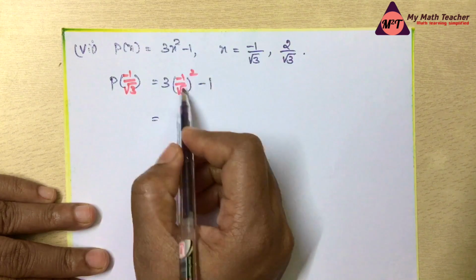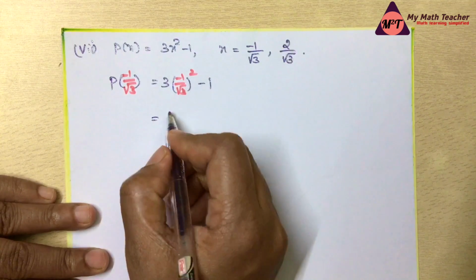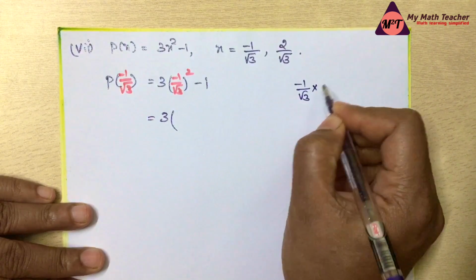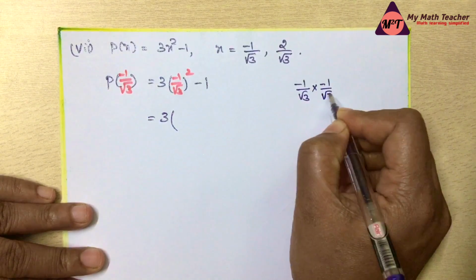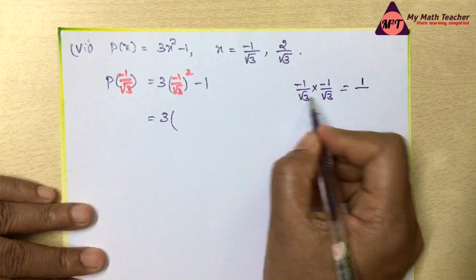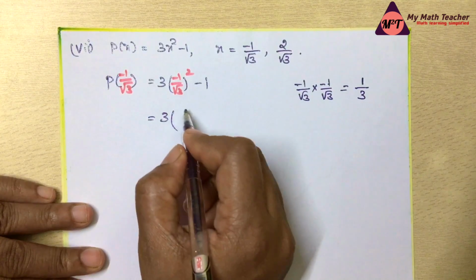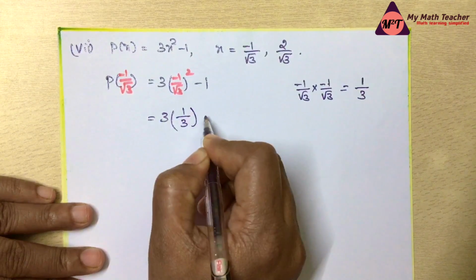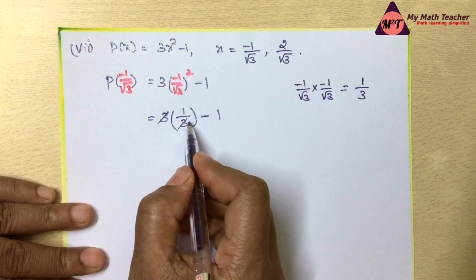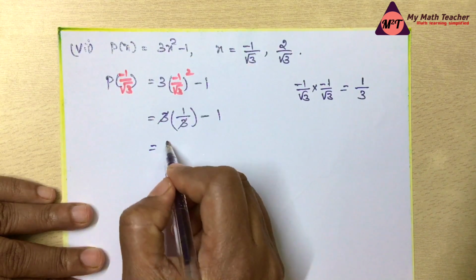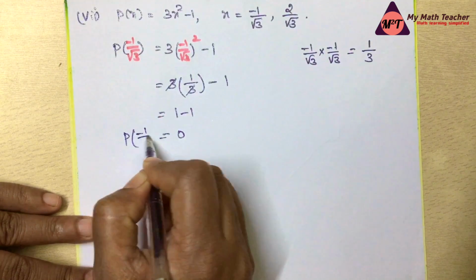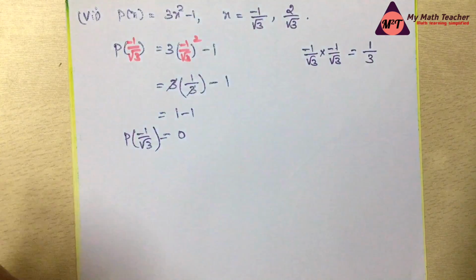As this is square here, we have to simplify this. 3 into minus 1 by root 3 square means into the same value, minus 1 by root 3, which gives us minus 1 into minus 1 is plus 1, divided by root 3 into root 3 is 3. So now we are substituting 1 by 3, which is the value of this square, minus 1. Now 3 divided by 3 becomes 1, which is 1 minus 1. Again we have got 0 here. P of minus 1 by root 3 is 0.